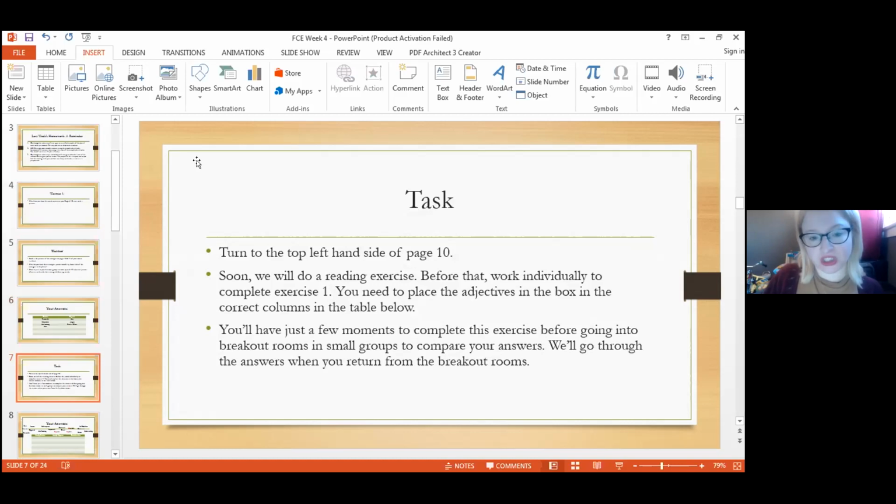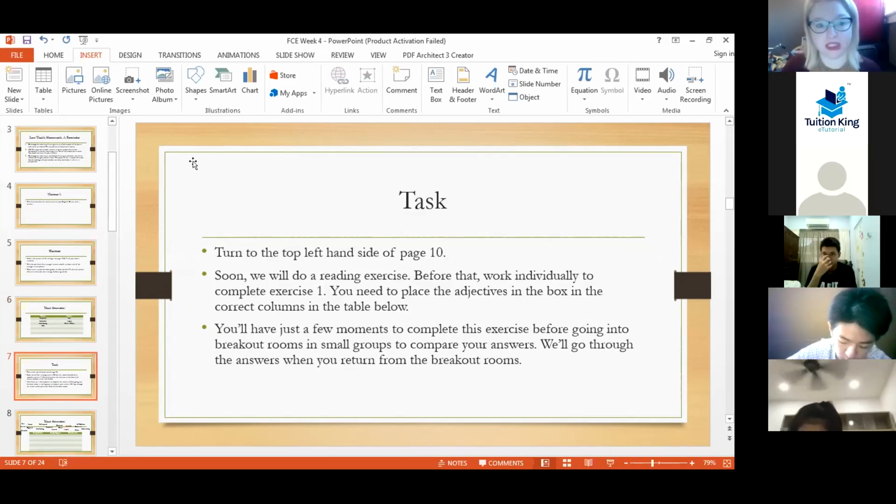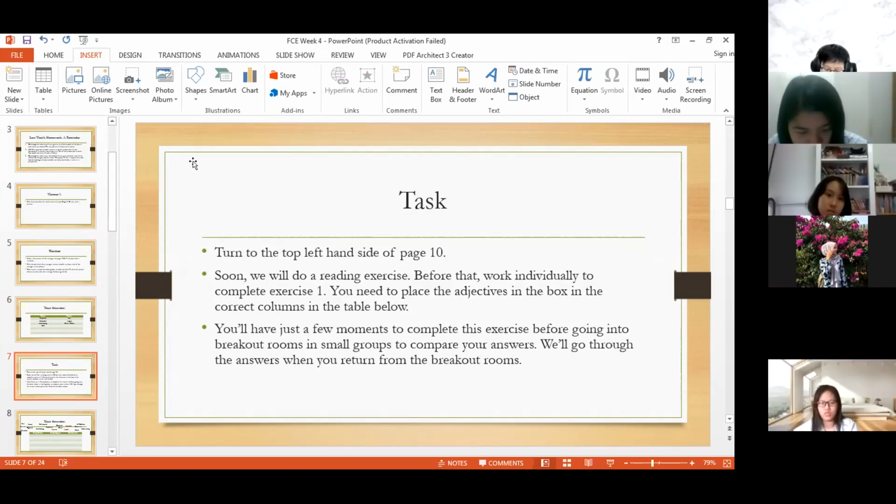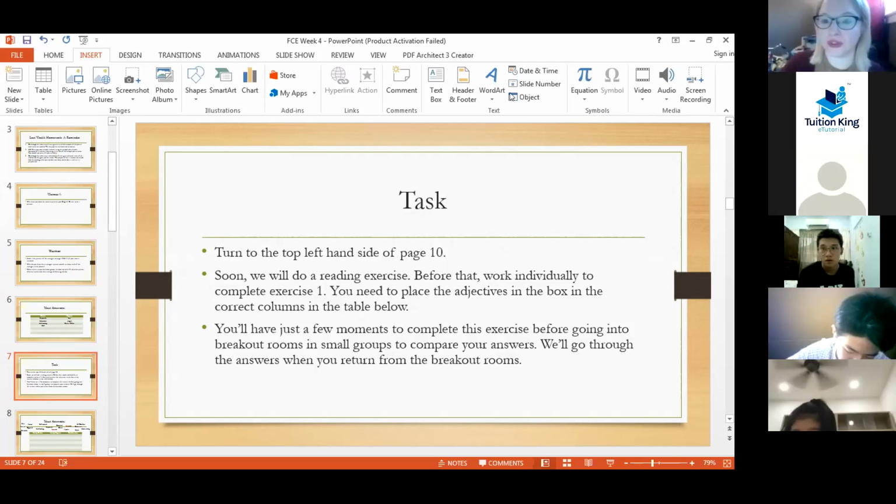So we'll start by looking at some adjectives, and then we'll look at some prefixes as well. I'm going to share the actual book.